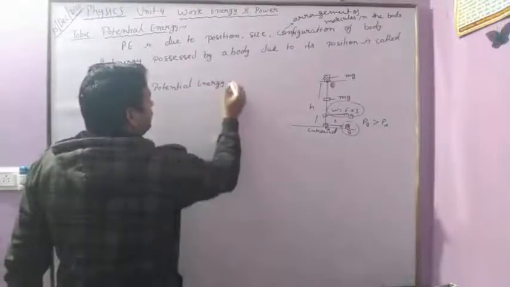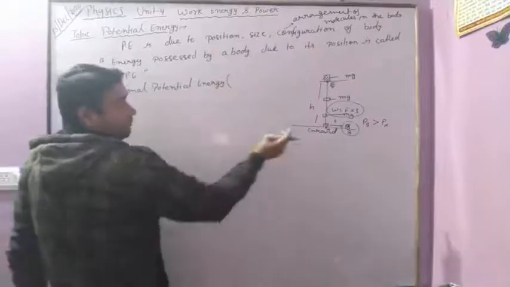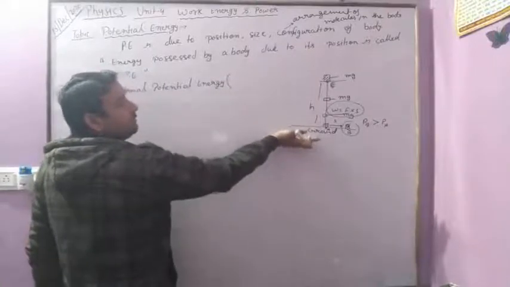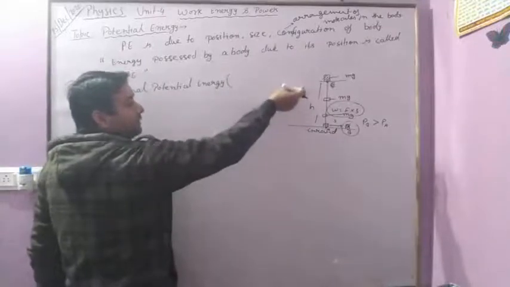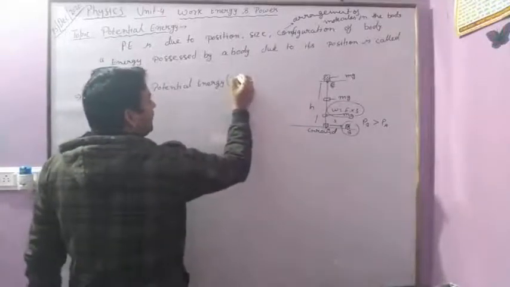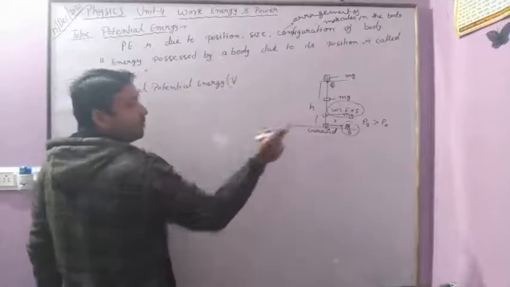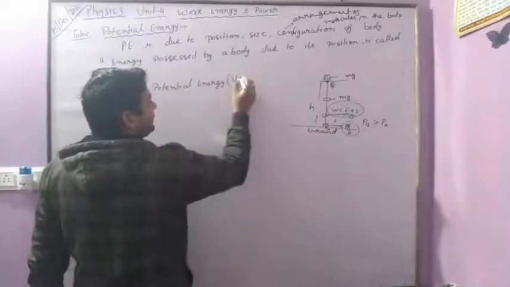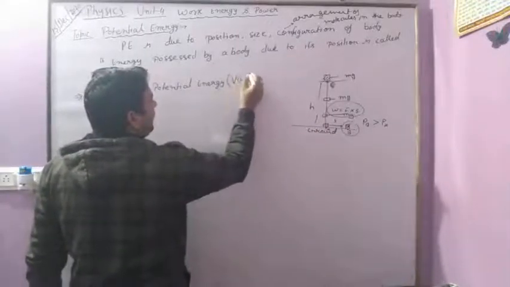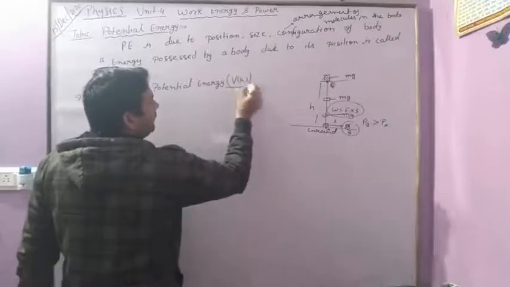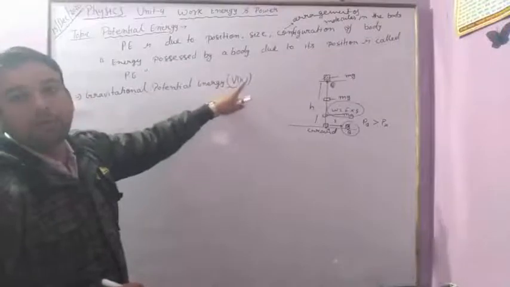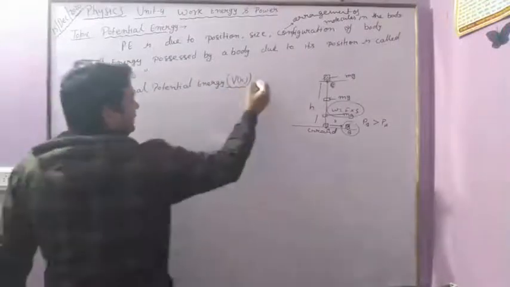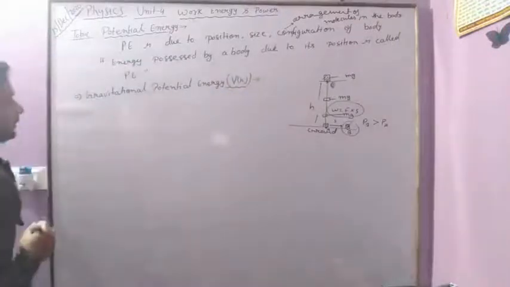Gravitational potential energy is a function of h. If the potential is defined by h, then it is denoted by the letter V with a function of h, V(h). So what is it?